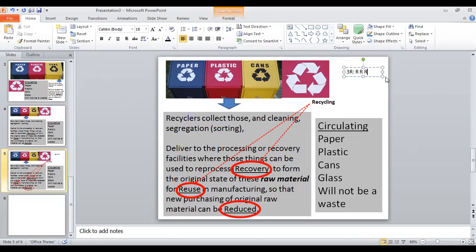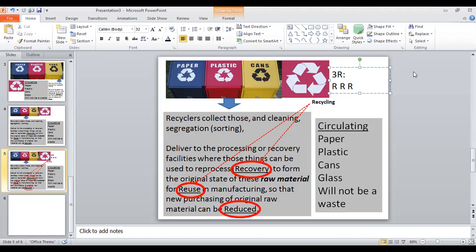So what are these 3 R's you are familiar with? Yeah, familiar with means that is the objective. Okay? That is the objective.